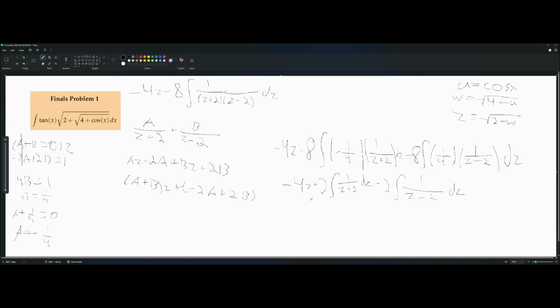And these are two easy substitutions. And so we get 4z plus 2 natural log of the absolute value of z plus 2, minus 2 times the natural log of the absolute value of z minus 2 plus c.